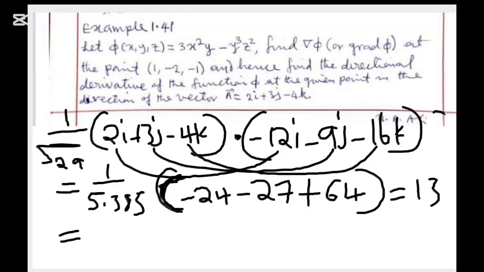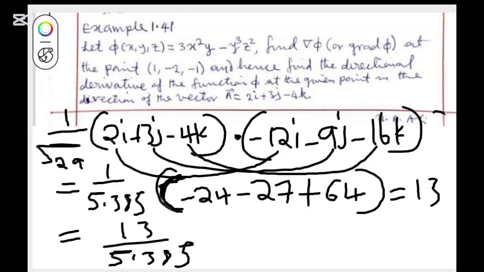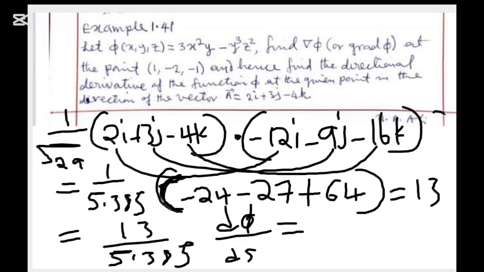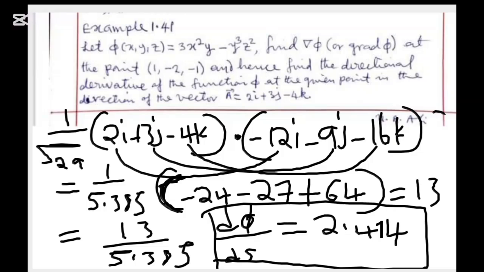So this should now be 13 divided by 5.385. Therefore d psi by ds is 13 divided by 5.385, which is the same thing as 2.414.